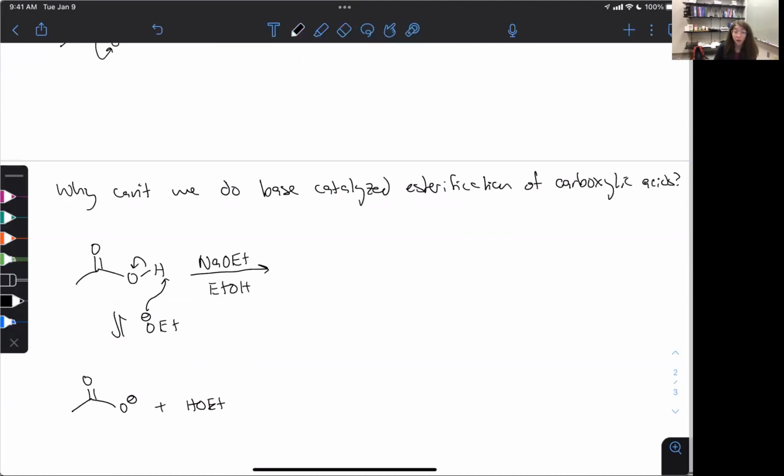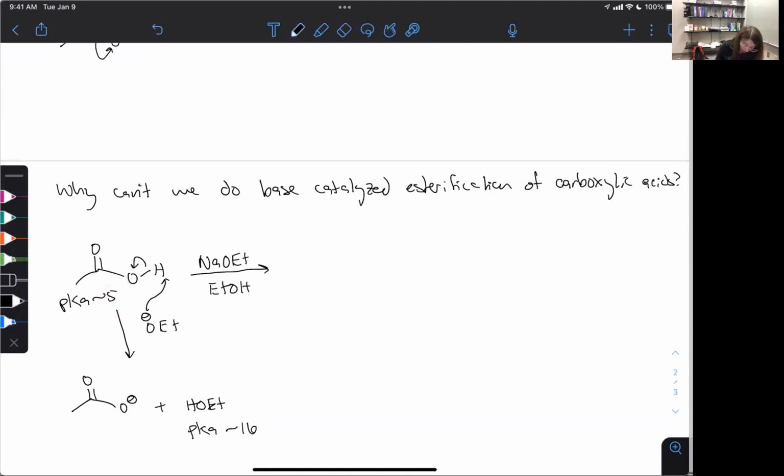Essentially what we've got going on here is the pKa of our carboxylic acid is about 5, and the pKa of our alcohol is about 16. So we have essentially just an irreversible step here. So I'm going to change that arrow to a single arrow, because this difference between 16 and 5 is so big that we are fully in this scenario here.